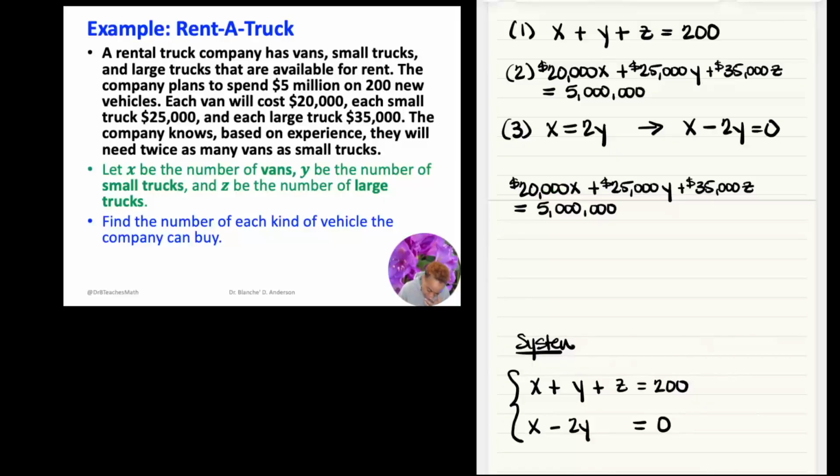That'll make it smaller. So we're going to divide everything by 5,000. And you're like, well, how did you know to use the 3 zeros?